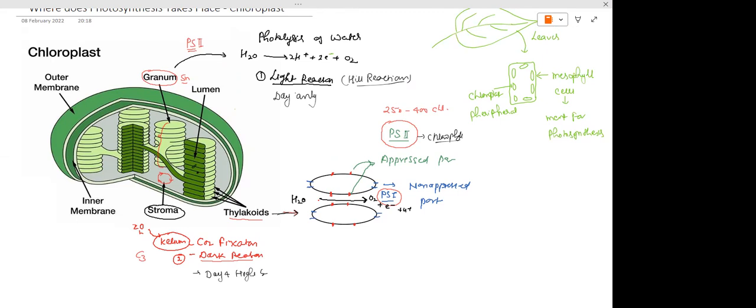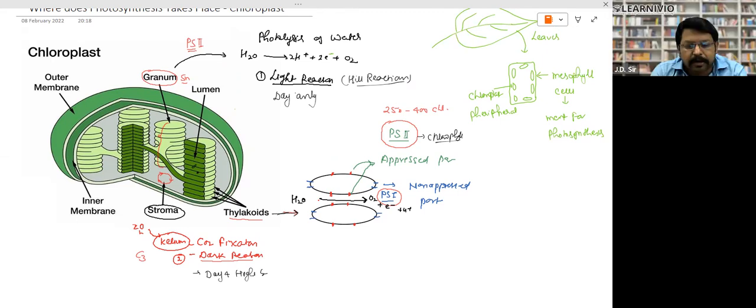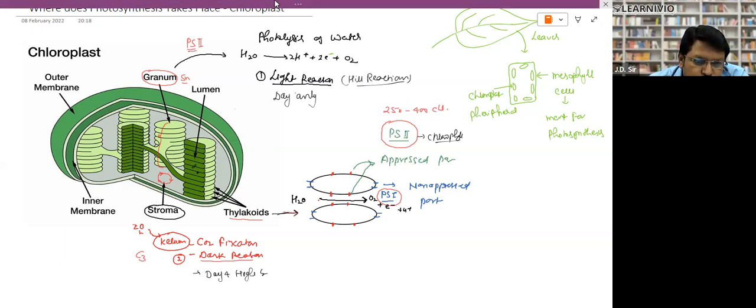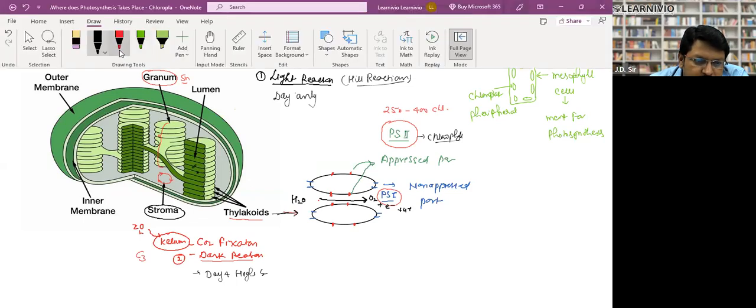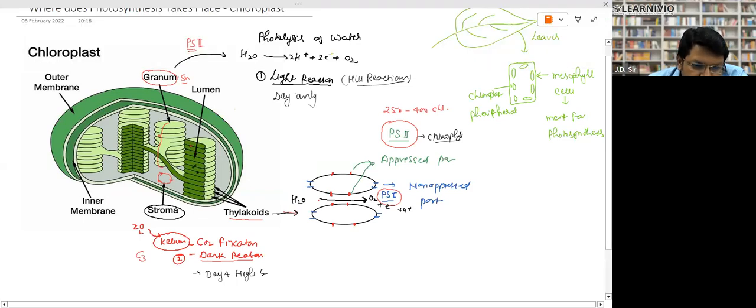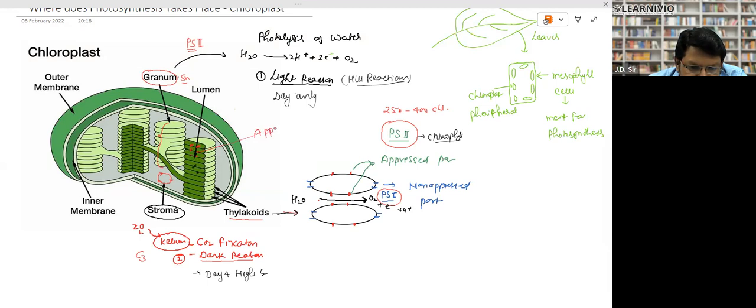Could you please repeat where PS 2 is? Right. Look, let me show you with a different color. Suppose these parts where they are in contact with another thylakoid are called appressed parts. These appressed parts of the thylakoid have photosystem second, PS second, and PS second is responsible for photolysis of water.